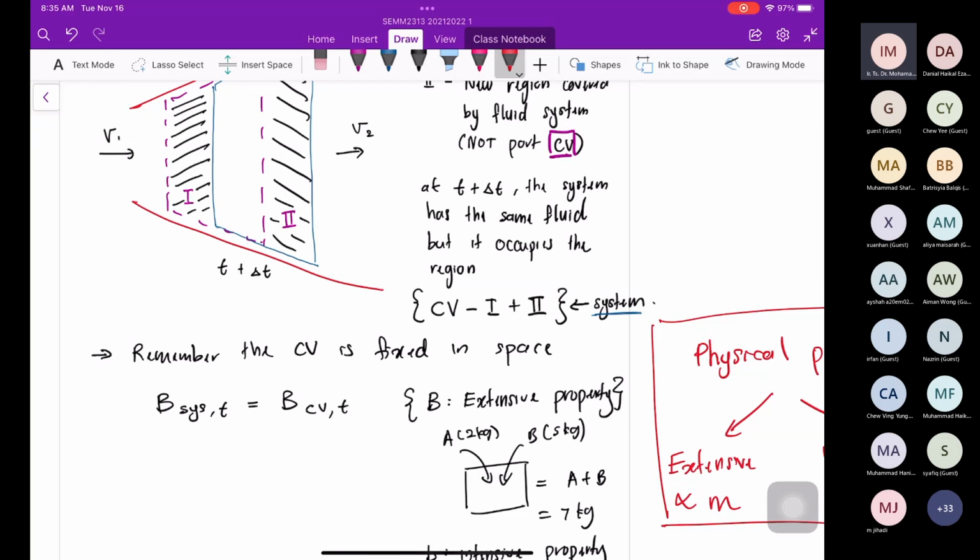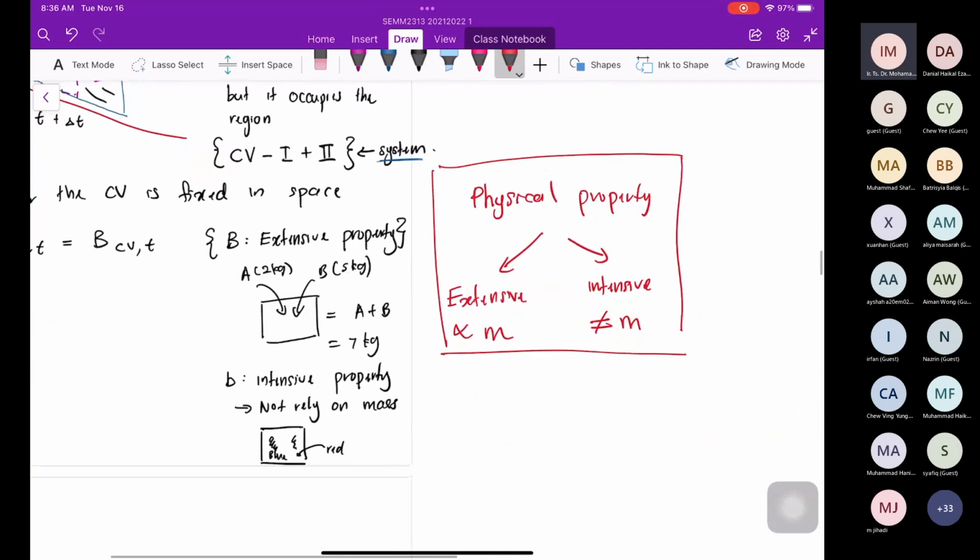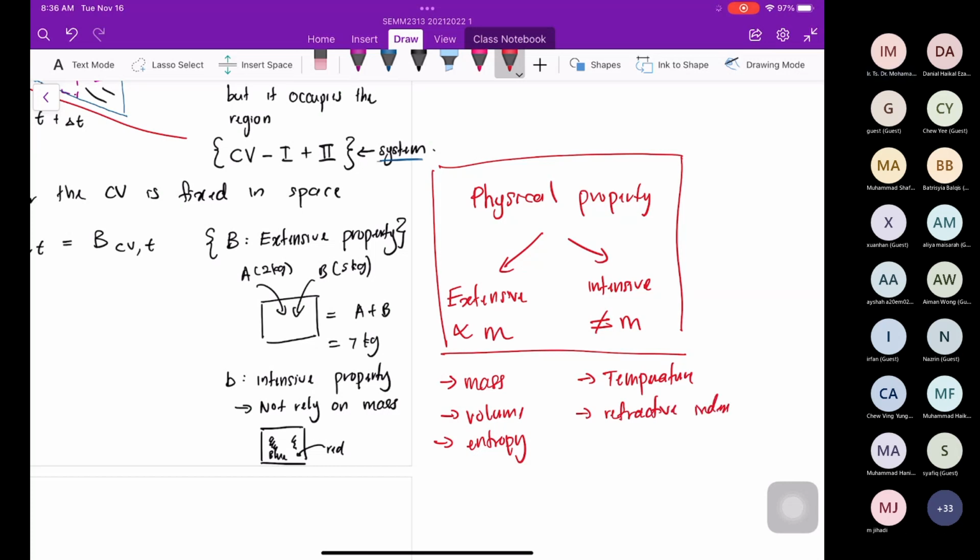By contrast, extensive property, such as mass, volume, and entropy. Examples of intensive properties are temperature, refractive index, density, or hardness.